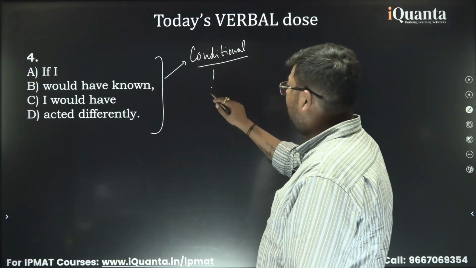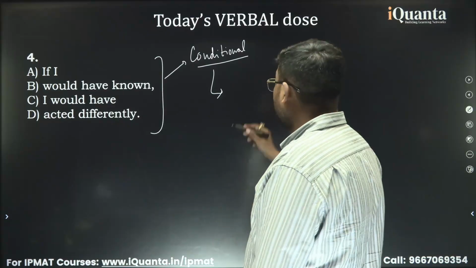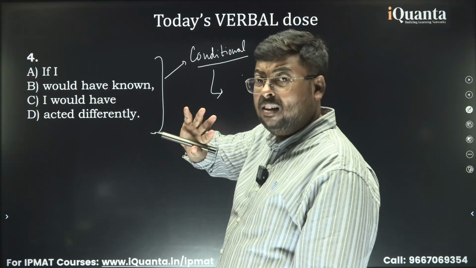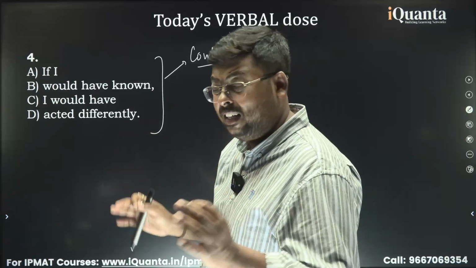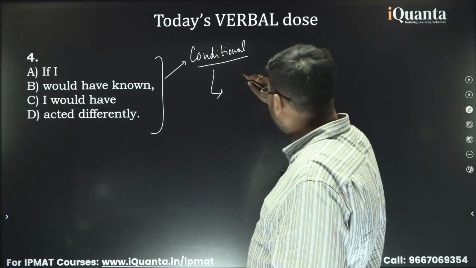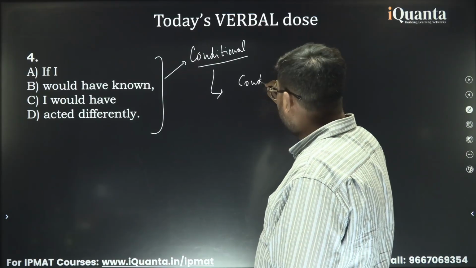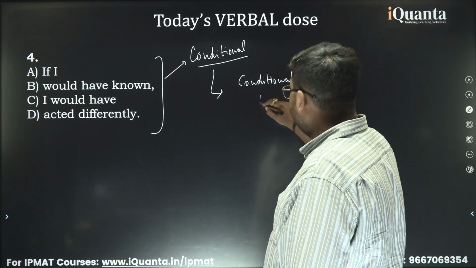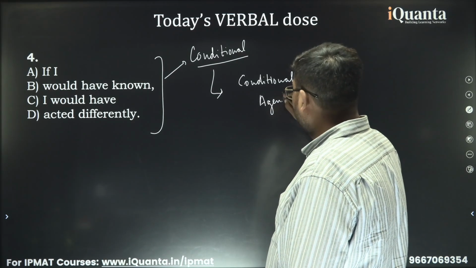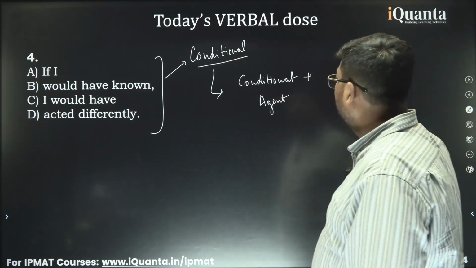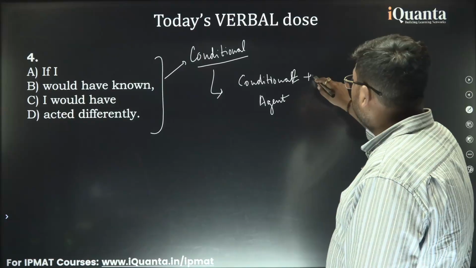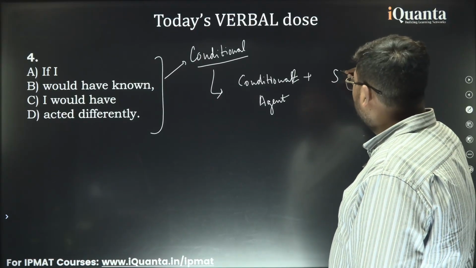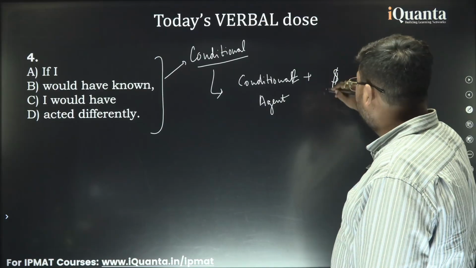And whenever we have a conditional sentence, there are three parts to that complete set. The first part is the conditional agent. The second part is the condition.